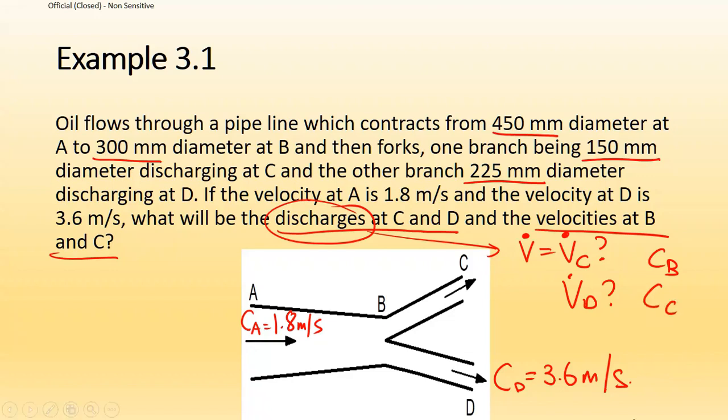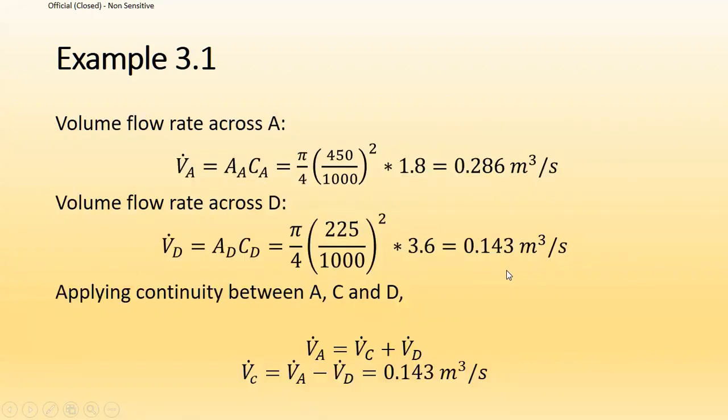All right, so how do we start off the question? We can find V dot A easily. The discharge at A will simply be given by the cross-section at A multiplied by the velocity at A. Remember the formula I mentioned just now, pi over 4 d squared. Take note, the d given to you from the previous part is in terms of mm, so you must divide it by 1000.